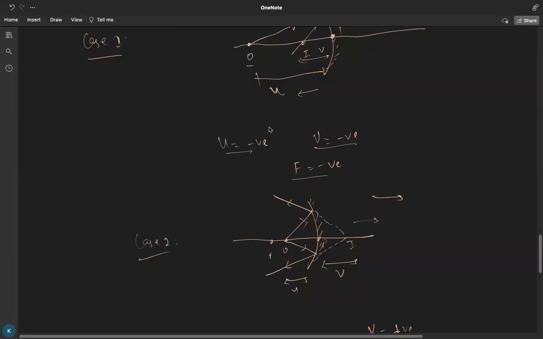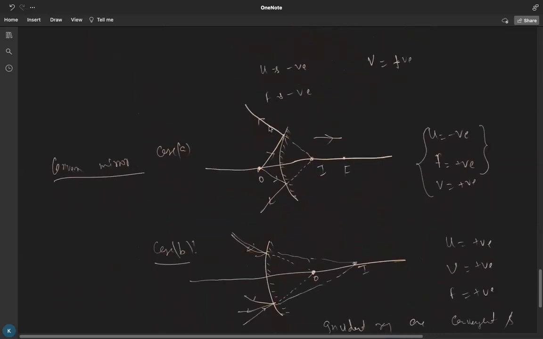The object is placed with respect to the pole in the leftward direction, so U is treated as negative. But the image is forming in the direction of the incident ray, because the incident ray is traveling rightward and the image is also formed with respect to the pole in the rightward direction. So V is taken as positive.